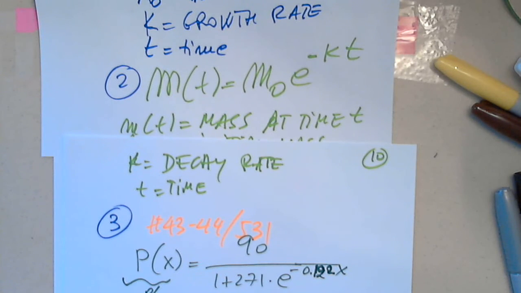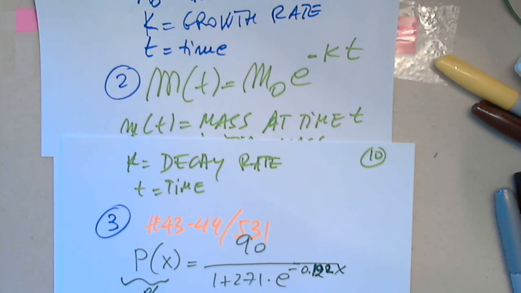We chose 43 and 44. What percentage of 20-year-olds, so in 43, what percentage of 20-year-olds have some coronary heart disease? I meant 20, of course.